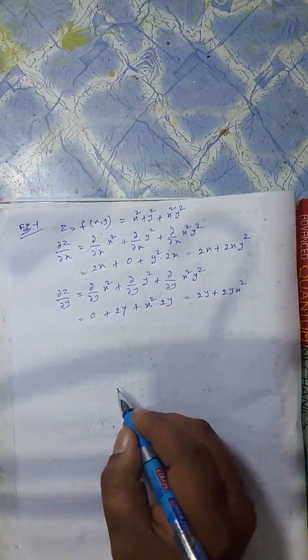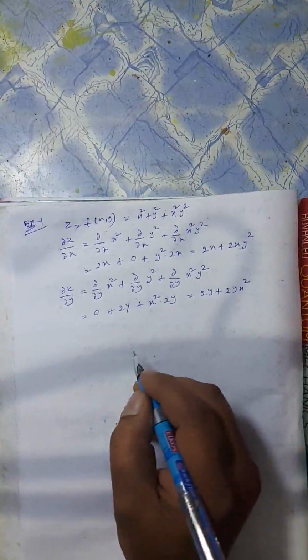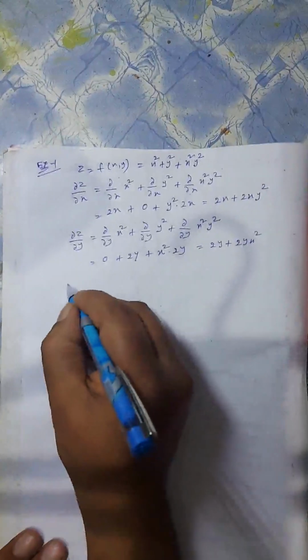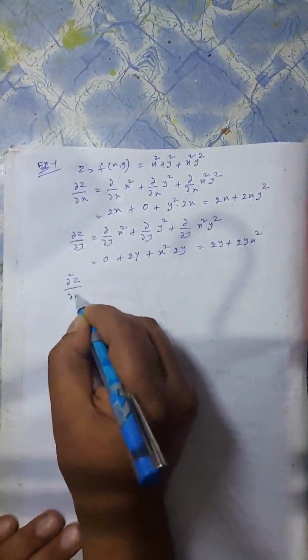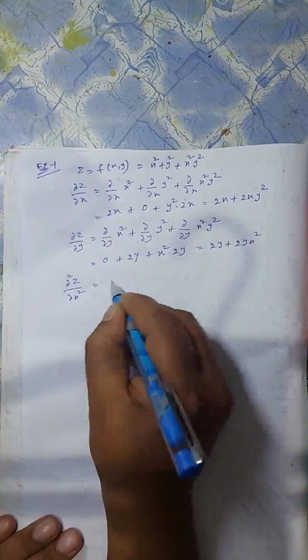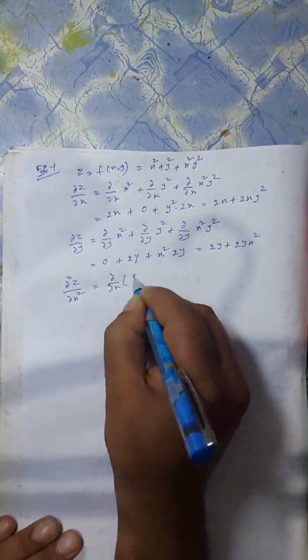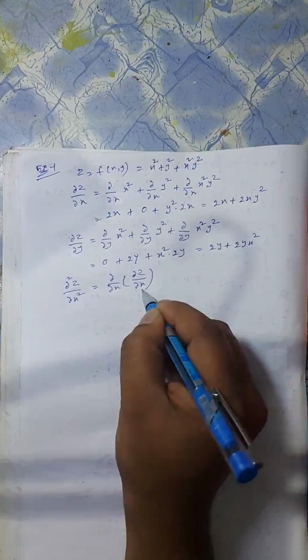Suppose we have to take the double derivative, ∂²z/∂x². That means ∂/∂x of ∂z/∂x, which is the answer we just found, 2x + 2xy².